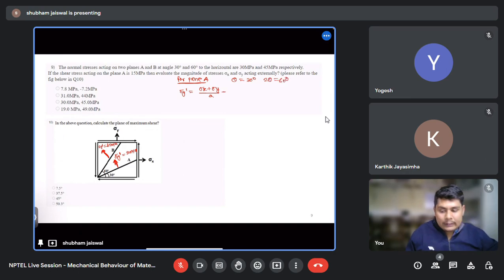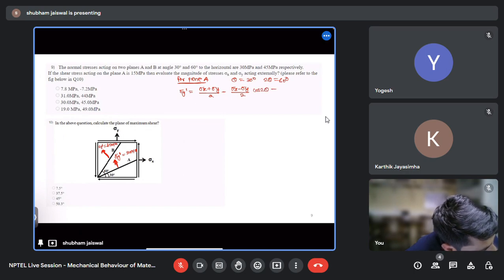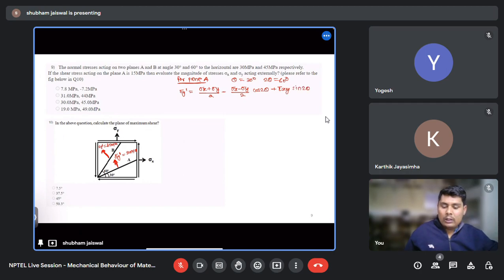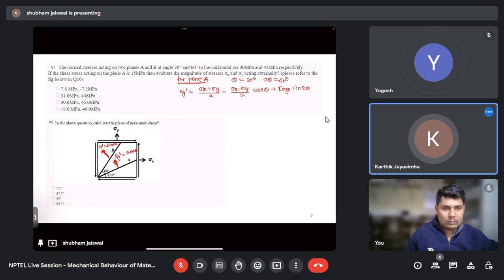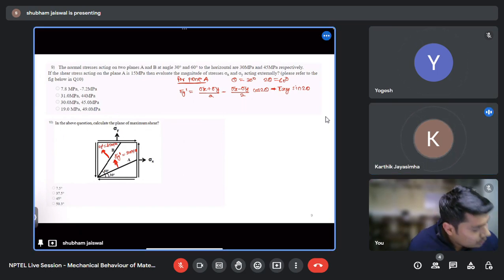So minus what we have? (Sigma x minus sigma y) by 2 cos 2 theta plus tau xy sin 2 theta. Is this equation correct for sigma y prime? Oh, sorry, this should be the minus. Yes.